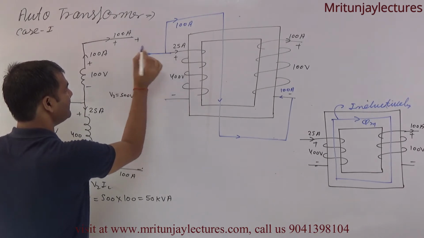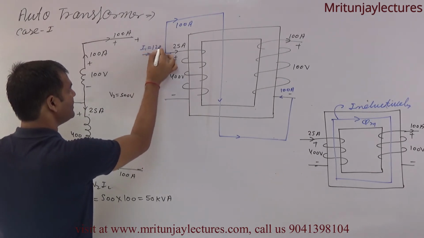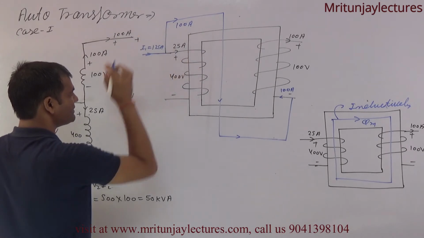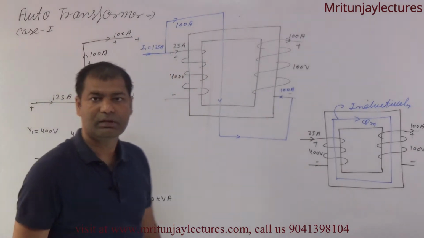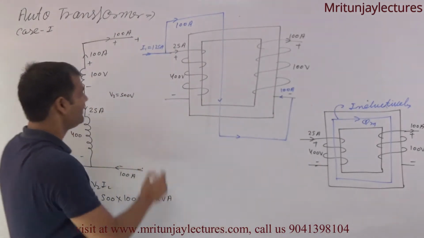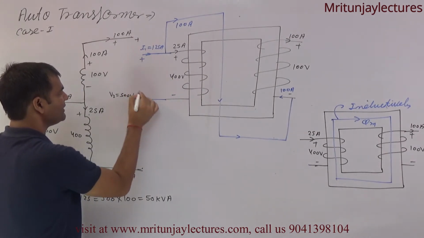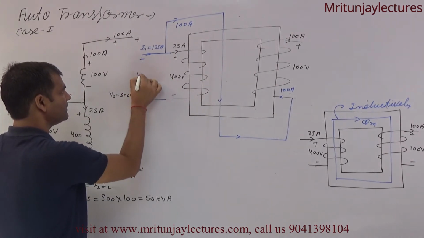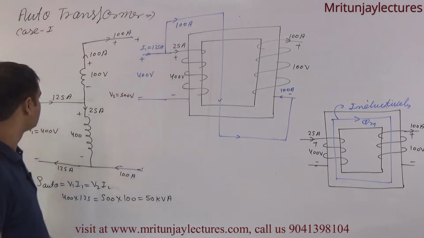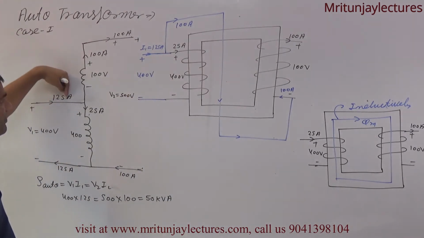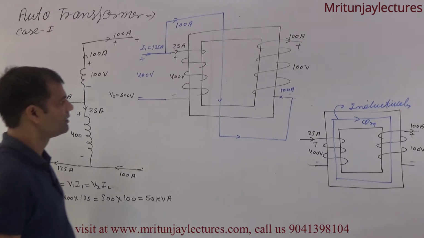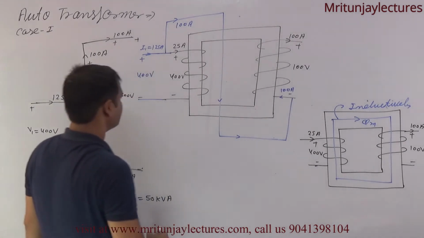What about input current? That is 125 ampere, 25 plus 100. Clear? And primary side voltage in auto transformer, that is 400 volt. Clear? This is connected through conducting wire.